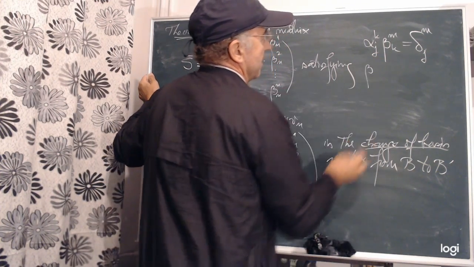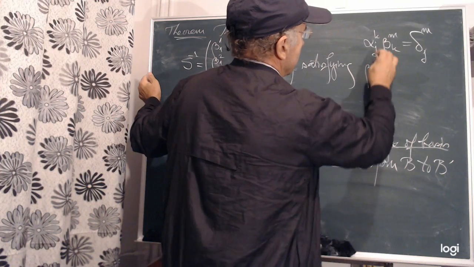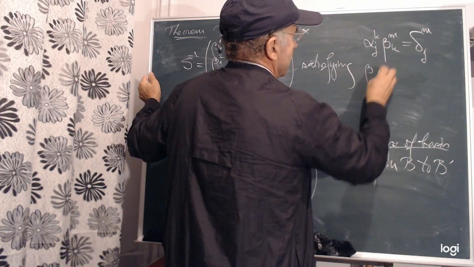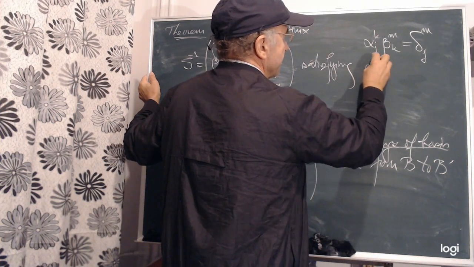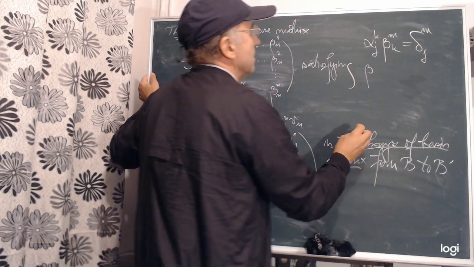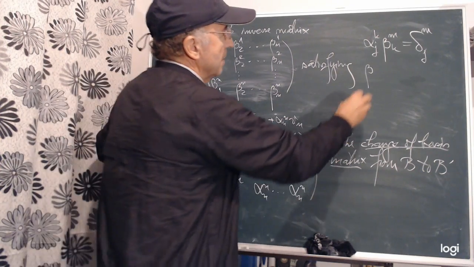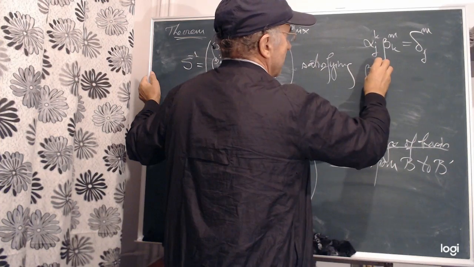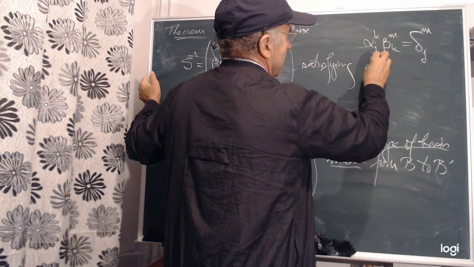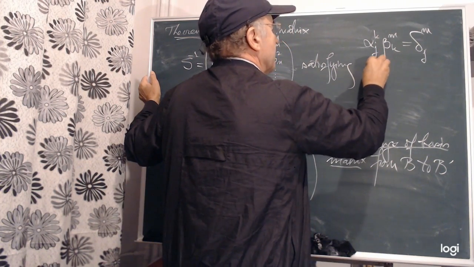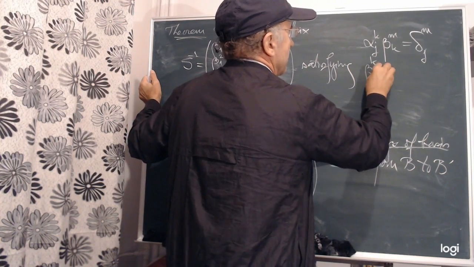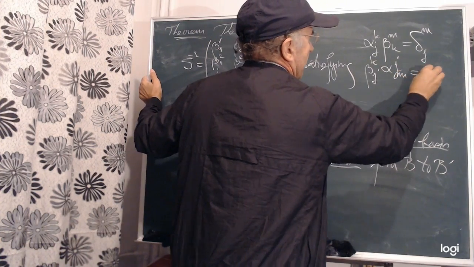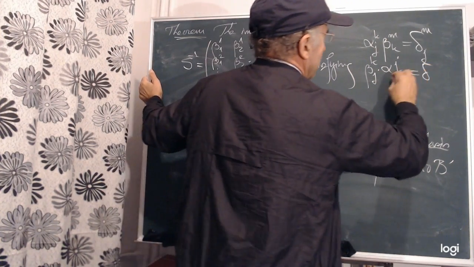And the relation beta kj alpha jm equals delta km.